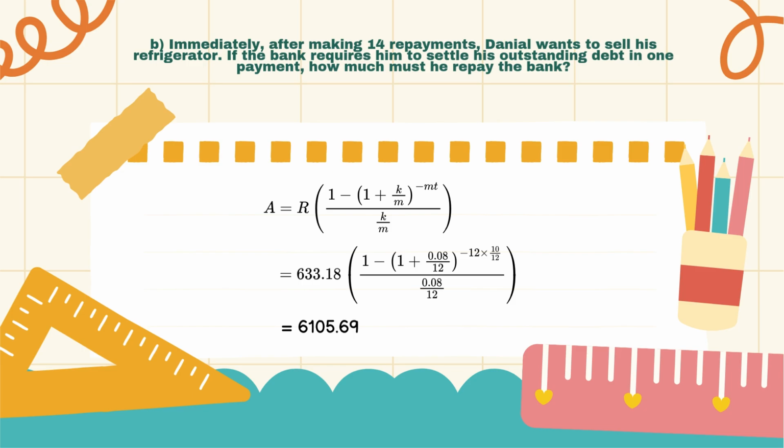So, A equal R in bracket 1 minus 1 plus K per M in bracket to the power of negative MT per K per M is equal 633.18 in bracket 1 minus 1 plus 0.08 per 12 in brackets to the power of negative 12 times 10 per 12 per 0.08 per 12.